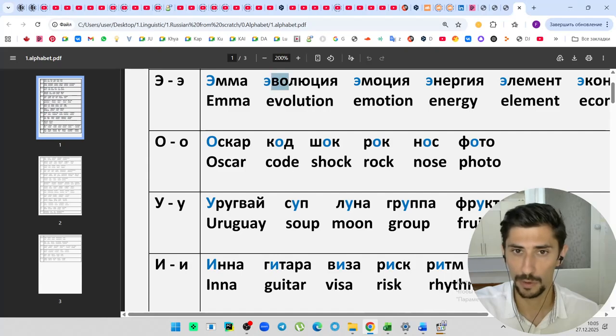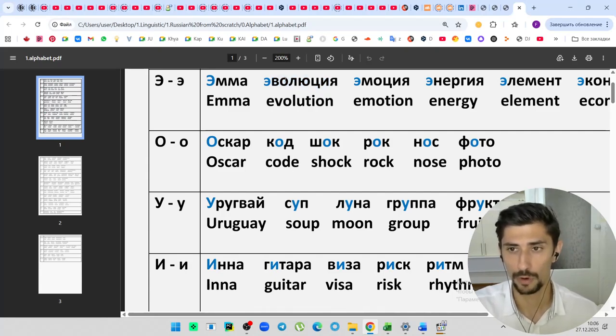But if the accent were on this syllable, it would be pronounced like O. I think you understand the rule. If we have the accent on this syllable, it's pronounced like O. If we don't have the accent on this syllable, it's pronounced like A. Evoluция, evolution.